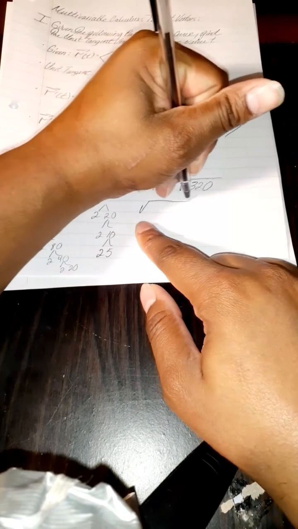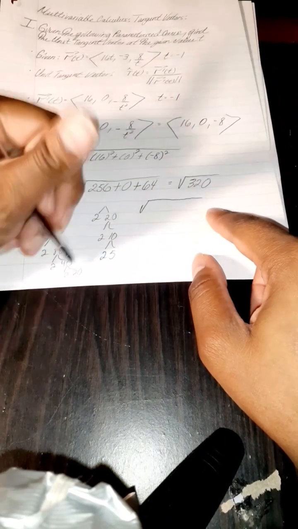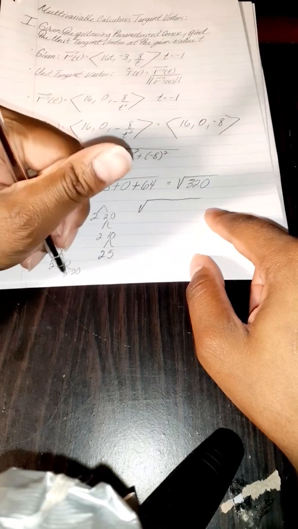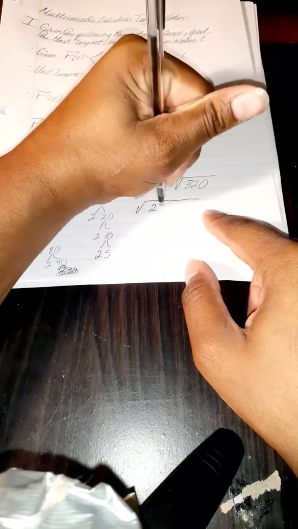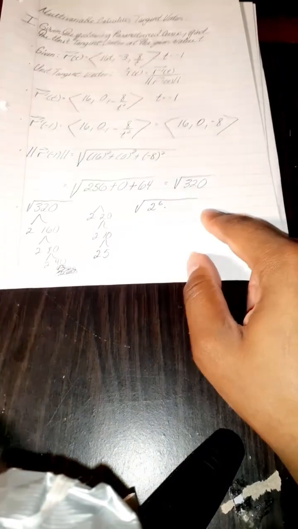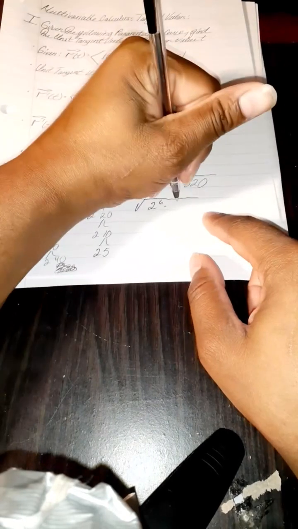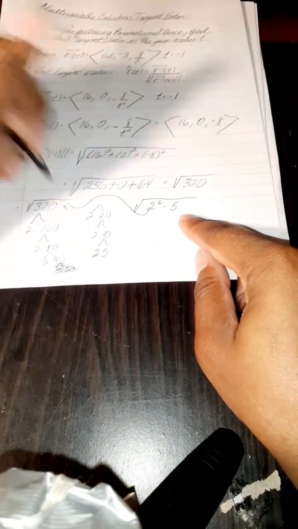I'm just doing some prime factorization. So we got 1, 2, 3, 4. Well, this was just an extra one. I had to bring it up on a paper because it didn't fit, just to eliminate confusion. So we got 1, 2, 3, 4, 5, 6. So we got 6 2's. So this would be 2 to the 6th power. And it looks like it's going to be 2 to the 6th power times 5, which is the exact same thing as this.